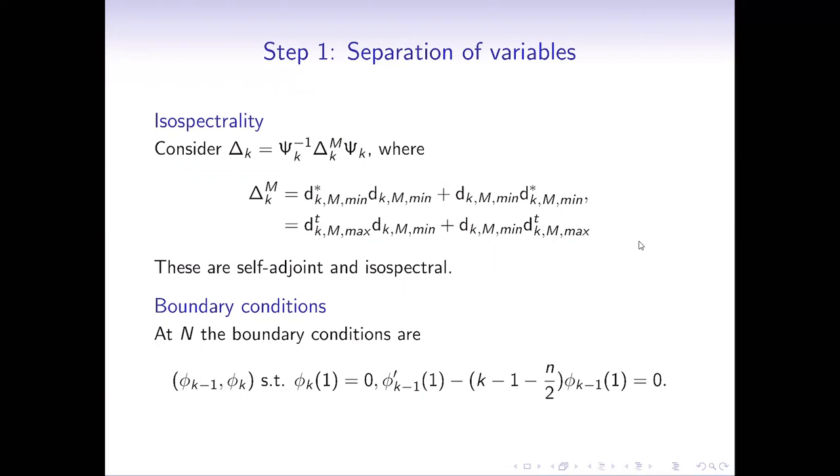In this case, we choose what's called the relative self-adjoint extension of the Laplacian, defined by this formula. We take the minimal extension of the differential, and then we use the adjoint of that, which is going to be the maximal extension of the formal adjoint.